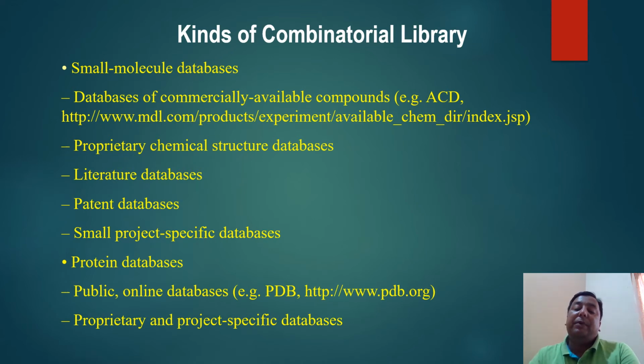Similar types of databases are available, like literature databases and patent databases, right? Some small molecule specific databases, public databases are there, and some proprietary and project specific data will also be there. So if you explore these data and resources, it will be very useful for you to understand what information can be explored in a meaningful way.